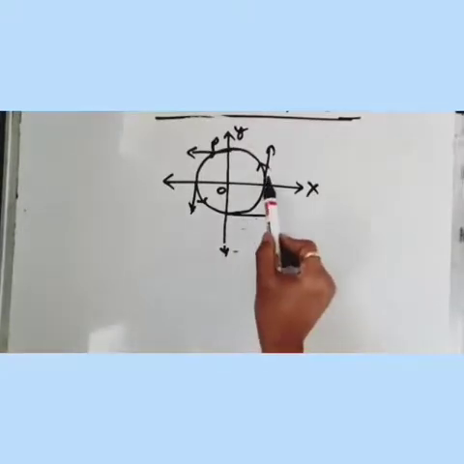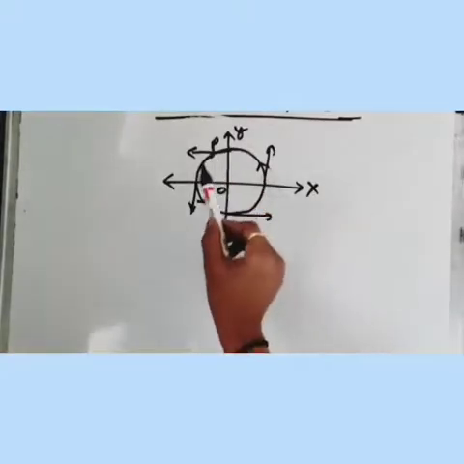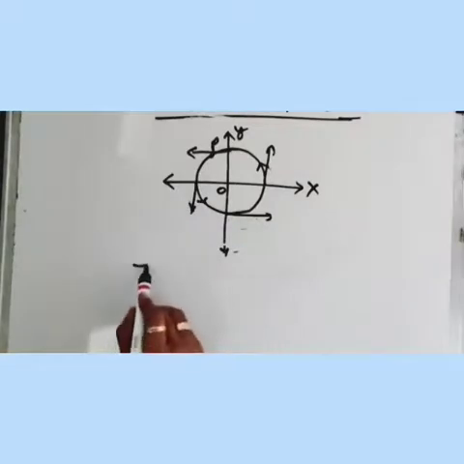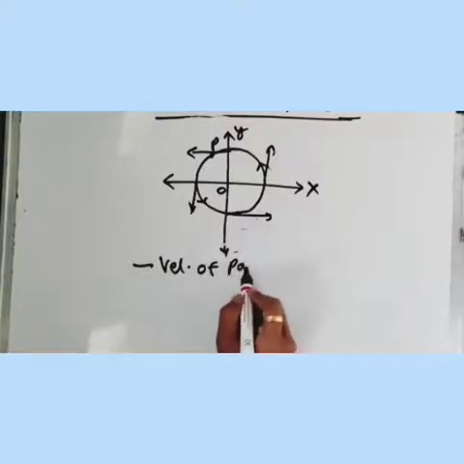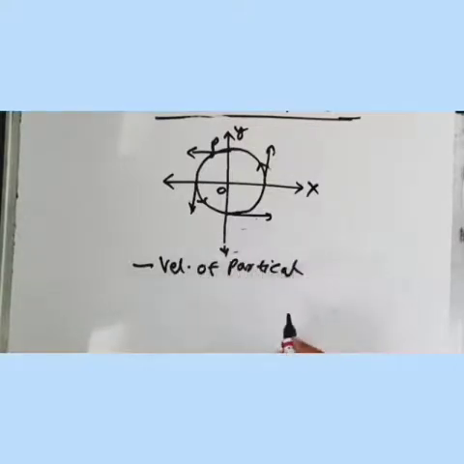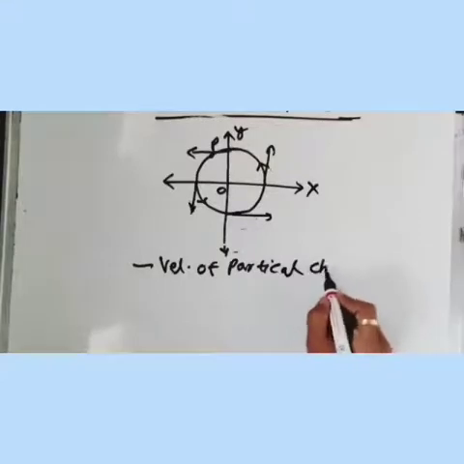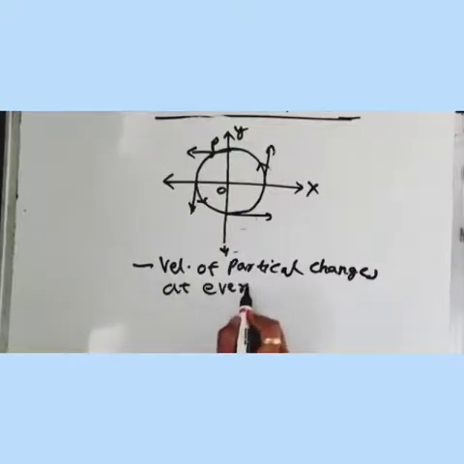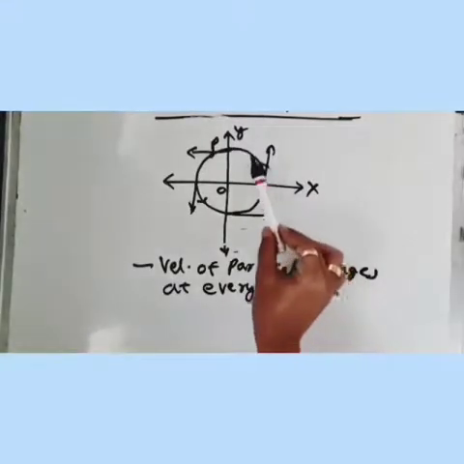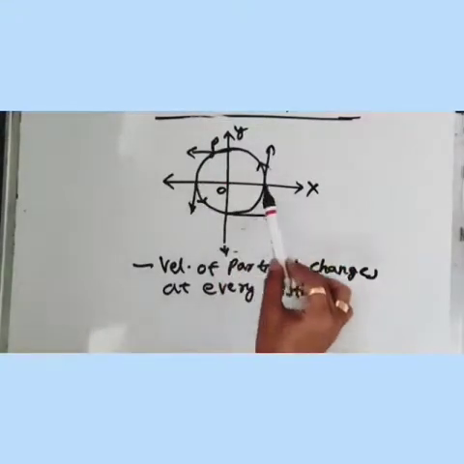Here you can see the linear velocity goes on changing at every instant. So the very first characteristic we can write is: velocity of particle changes at every instant. Now here you can see at every instant the direction also goes on changing.